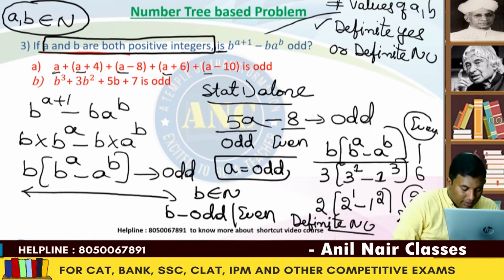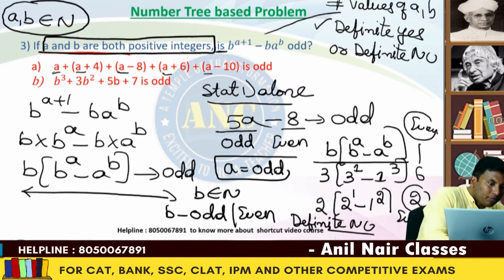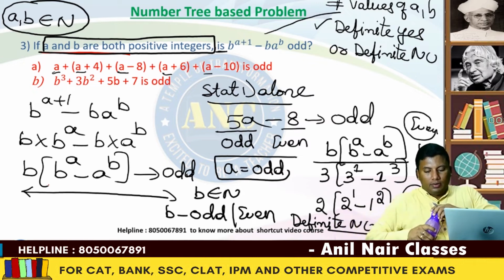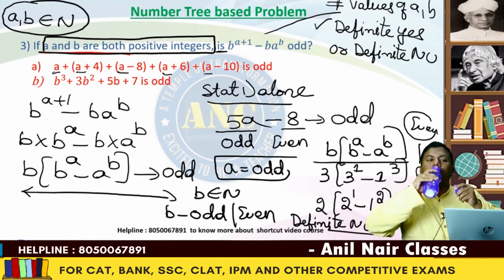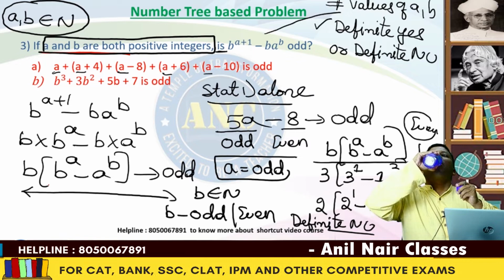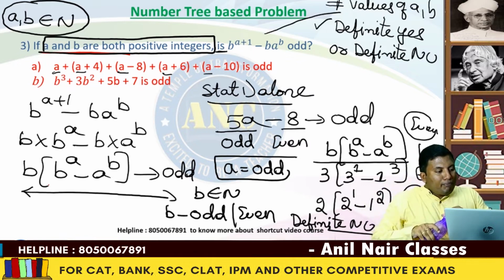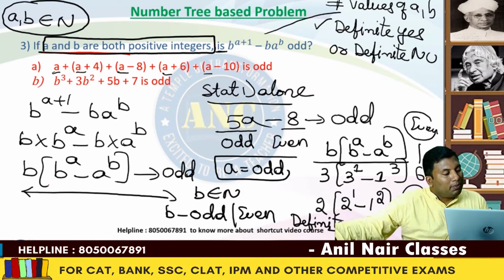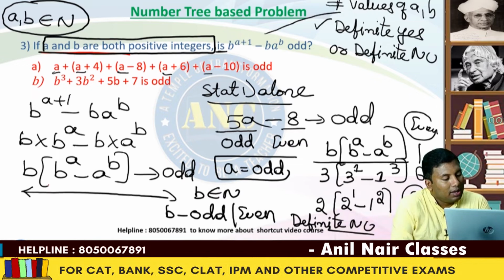First statement, give me 1 minute, sir. B power A plus 1 minus B into A power B is B into (B power A minus A power B).